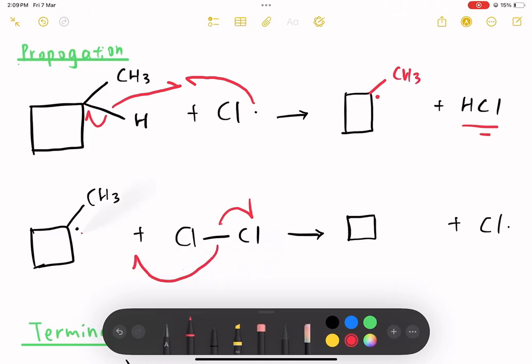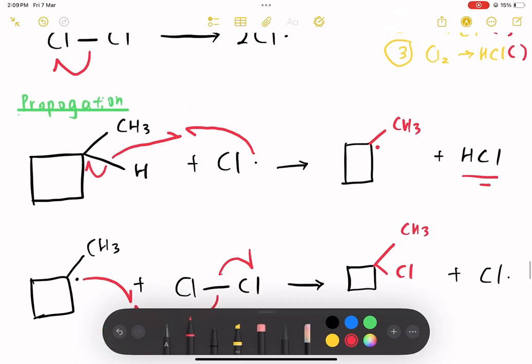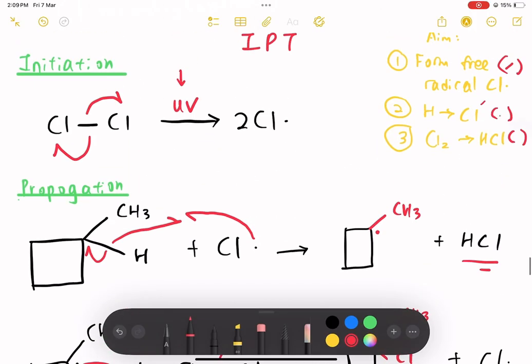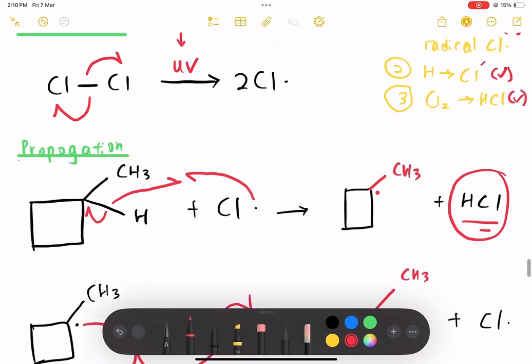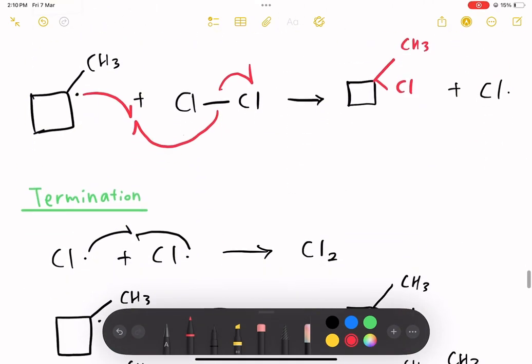Always remember, the free radical will try to steal electrons from the others to become stable. In this case, it will steal from Cl. Then it will form CH3Cl, then this free radical. So H is replaced by Cl already, so achieved. Then Cl2 becomes HCl, achieved. So once all the aims are achieved, you can stop by using termination.